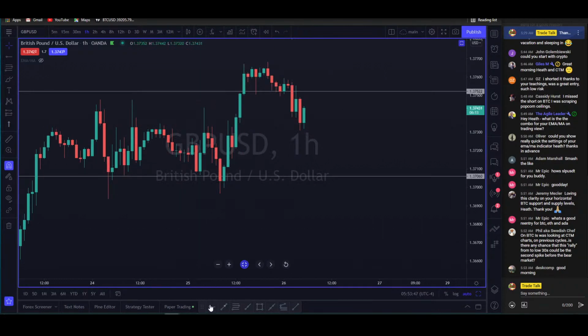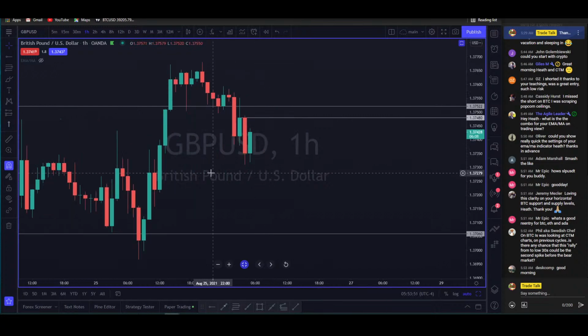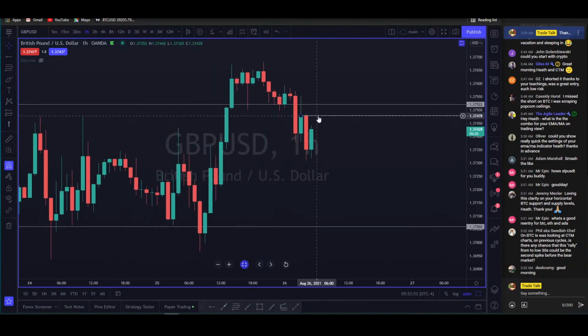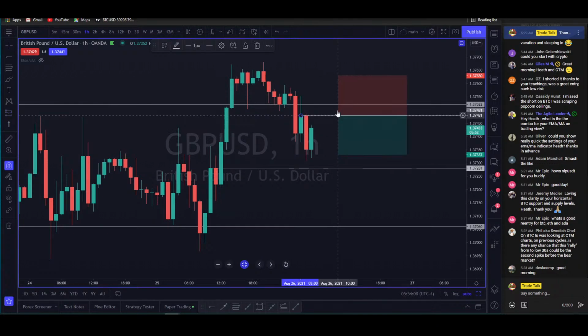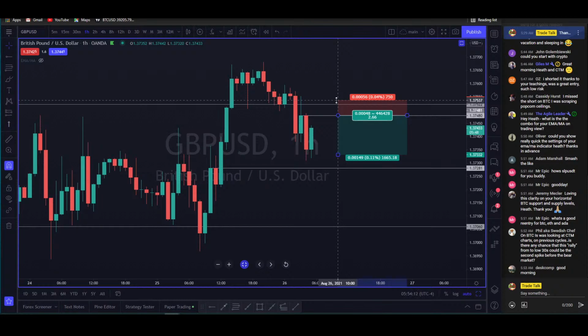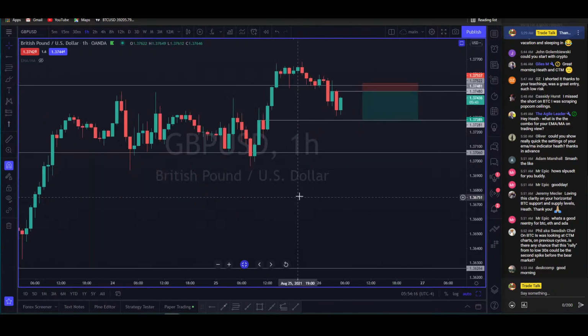If this thing does not close above this level here at that hourly closure, 1.37480, I'm going to look to take a short side trade on this, and this down here will be my target, 1.37281. So if you throw a short position tool on there, something like this, boom, right up to that level roughly, you can see there that you got about a 3.5 pip trade.